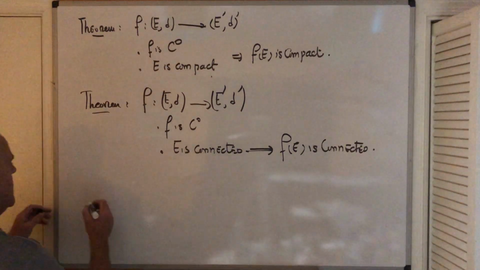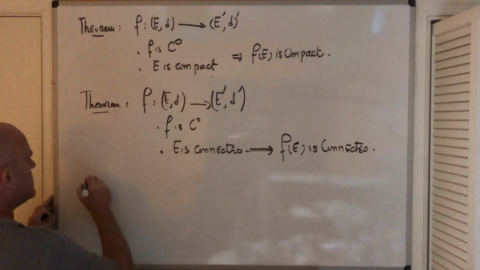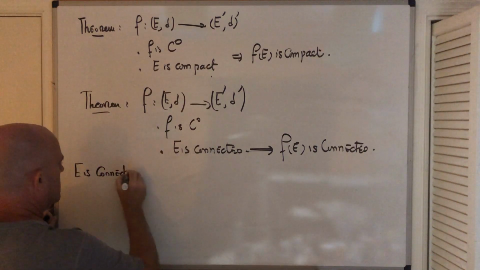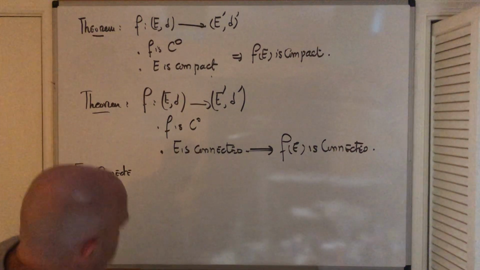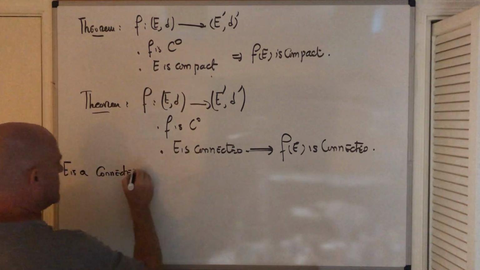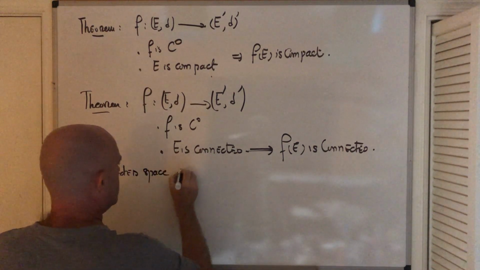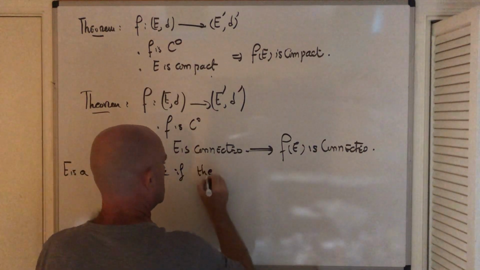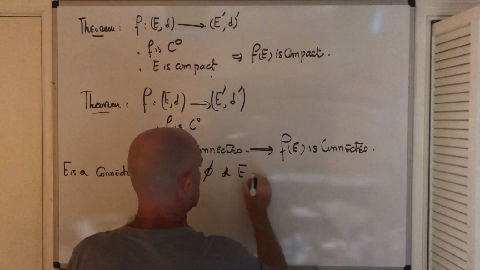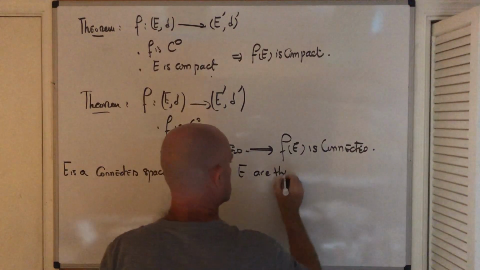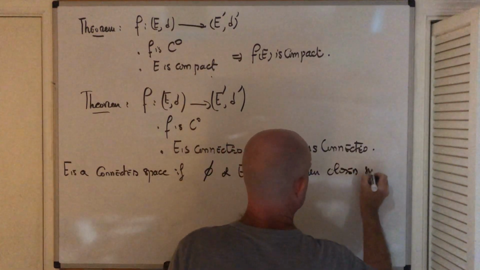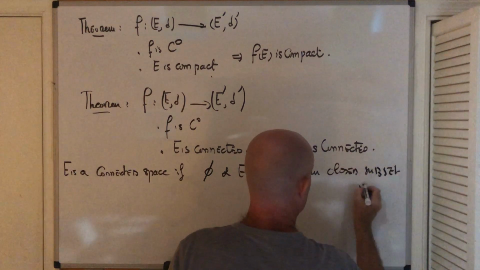So I want to remind everybody: E is connected, or E is a connected space, if and only if the empty set and E are the only two open and closed subsets of E.